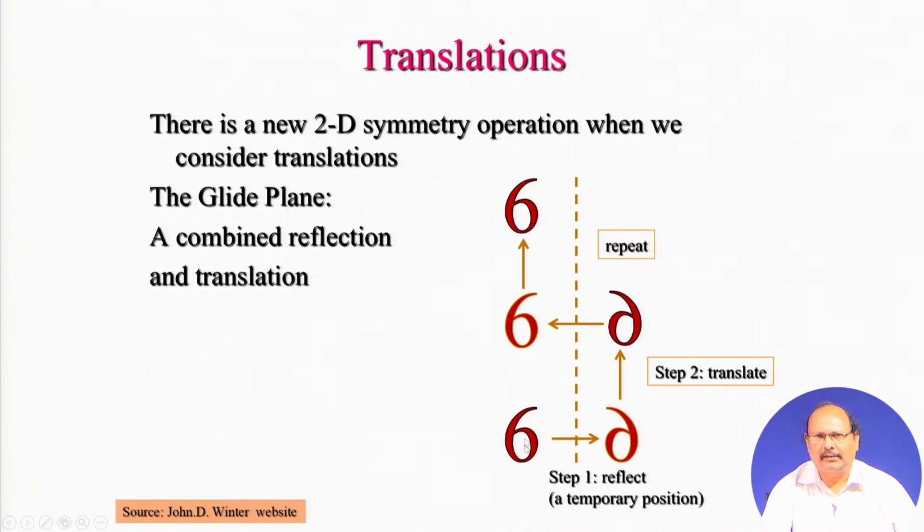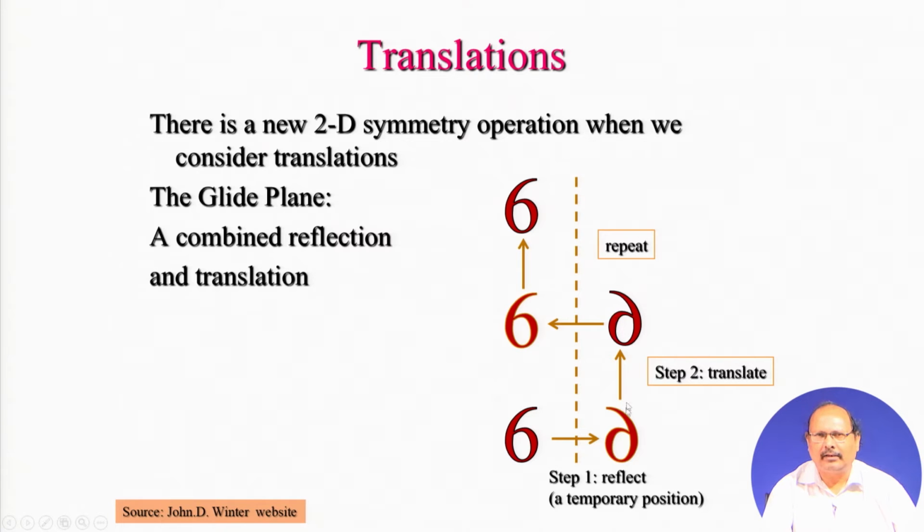So, let us consider that you have a motif called 6, and there is a mirror plane along this orientation, and after reflection it generates this image, and if it is translated along a distance which is half of the total distance between this 6 and this 6, and I will show you shortly, then it generates a new point here, reflection plus translation by half of the distance.